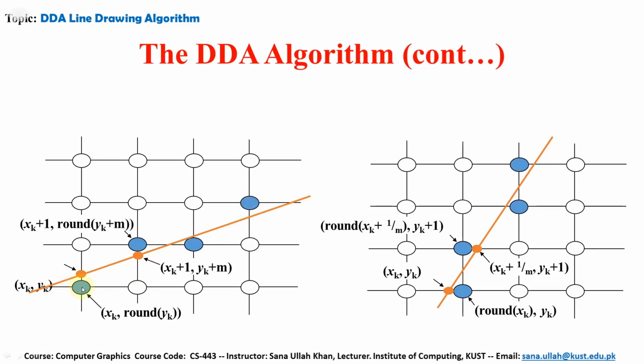If x is increased with the unit interval, then the y value will be rounded. If both are increased, xk plus 1, yk plus the slope, the y value will be increased with the slope. In another scenario, if the slope value is greater than 1, meaning positive, then the y value will be increased with the unit interval and the x value will be increased with the slope value.